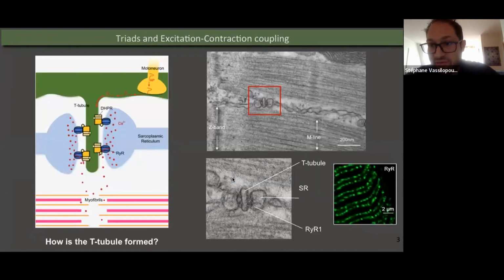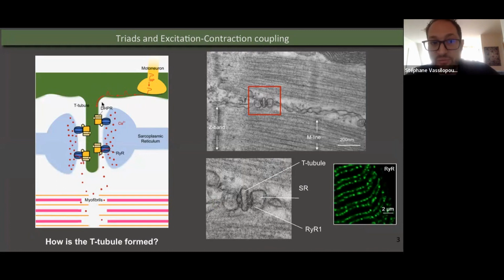So very briefly, when an action potential is transmitted from the motor neuron to the muscle fiber, this action potential is going to propagate along the sarcolemma, but will then penetrate inside invaginations of the sarcolemma, these T-tubules.